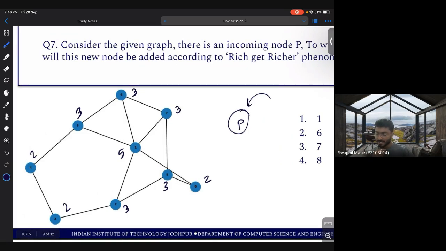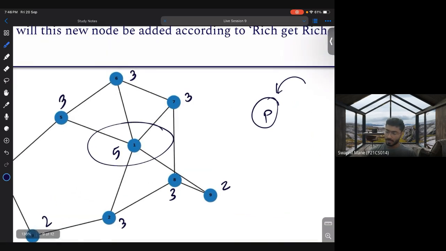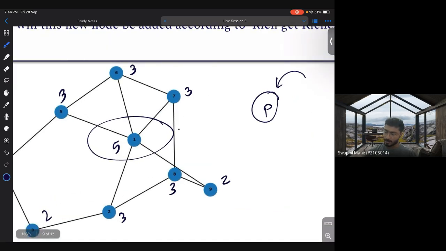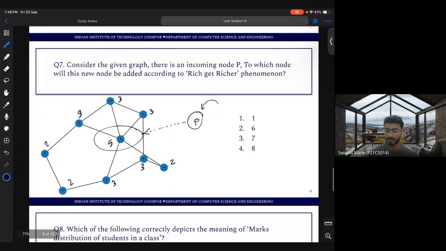Which node has the higher degree? It is node number 1. So P is connecting to node number 1, by considering preferential attachment, which afterwards follows a power law distribution. So here option 1 is correct.